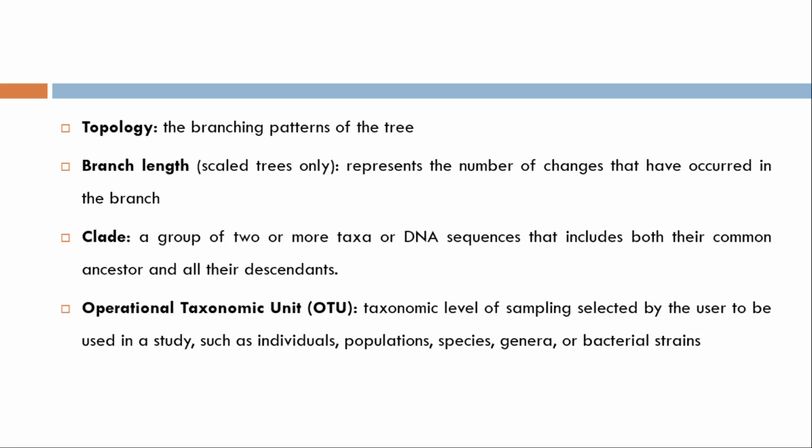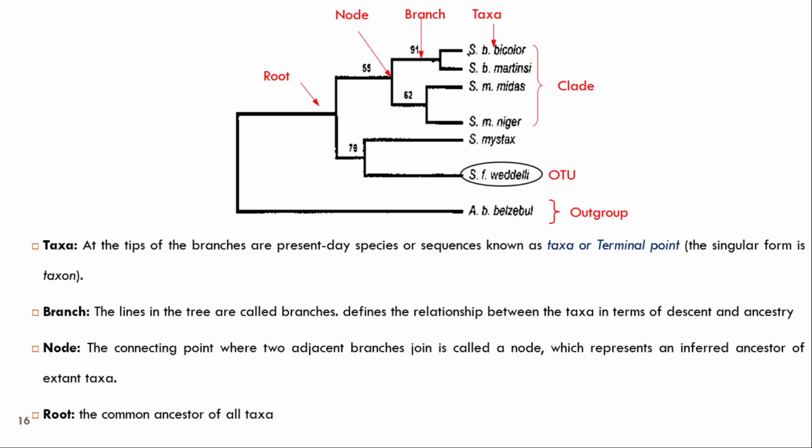Then clade. What do you mean by the clade? Clade means a group of two or more taxa or DNA sequences that include both their common ancestor and all their descendants. A group of two or more taxa. Here you see a group of two taxa, right?